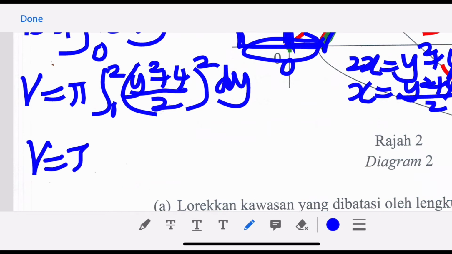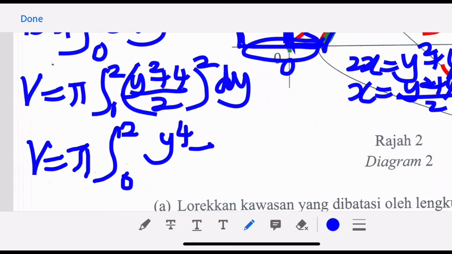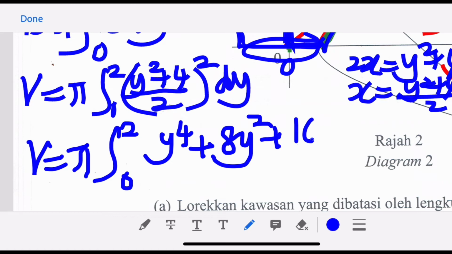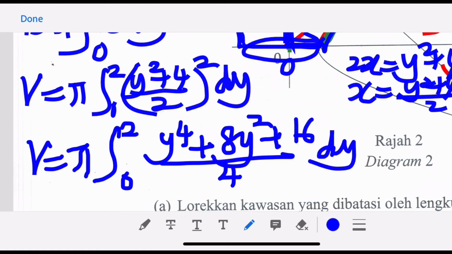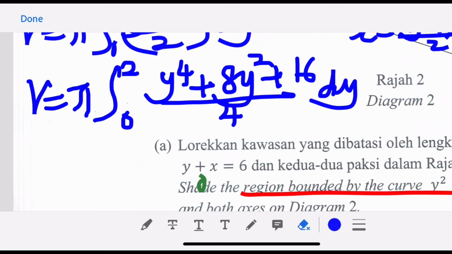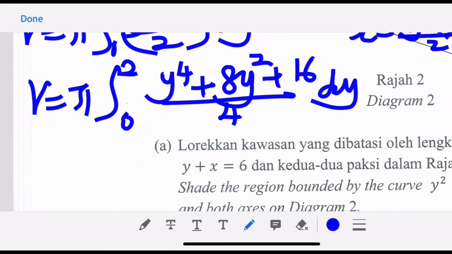Volume is pi, integrate 0 to 2, y to the 4, y squared times y squared is y to the 4, 2 times 4 will be 8, y squared, plus 4 squared, 16, all over 4, dy. So let's try to simplify. The 4 we can do this way.